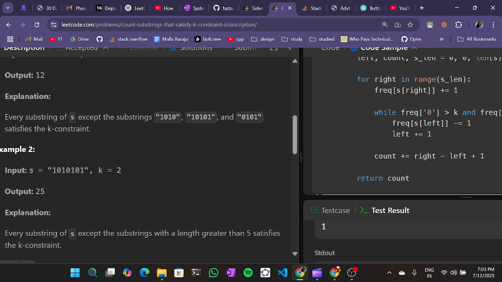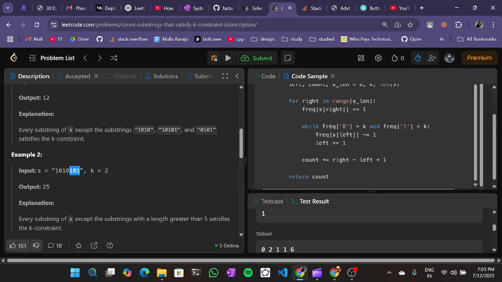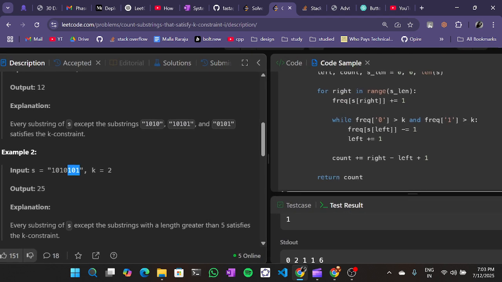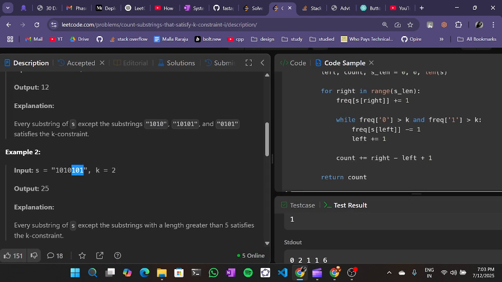Subarrays of length 3 are 1 2 3, so 3 plus 3 is 6.